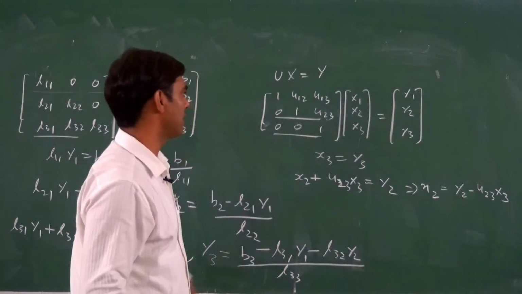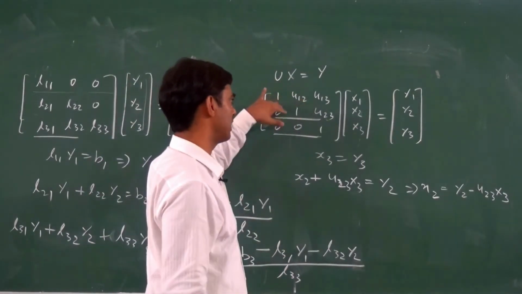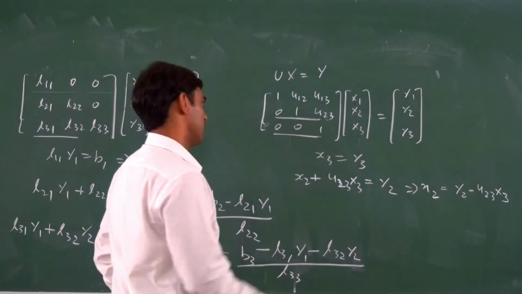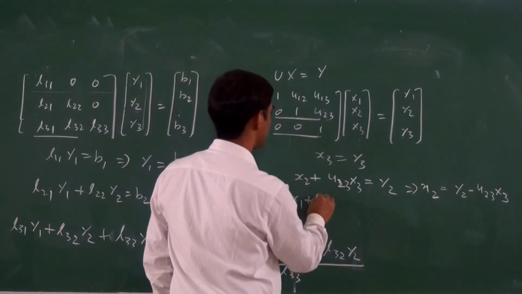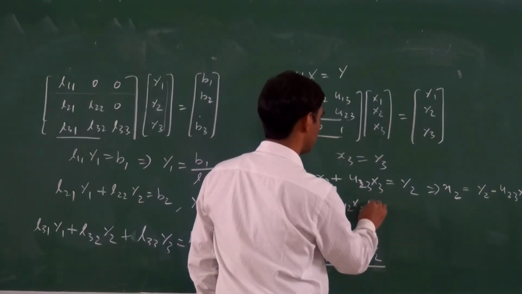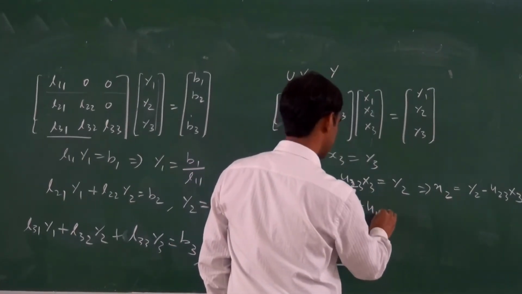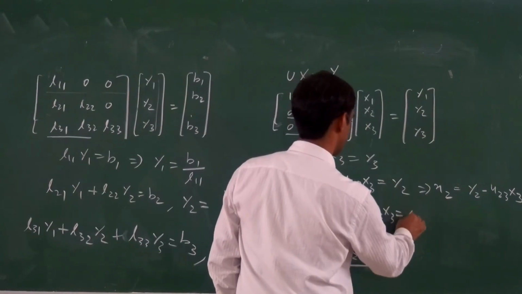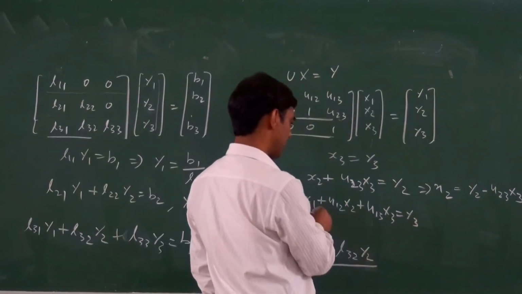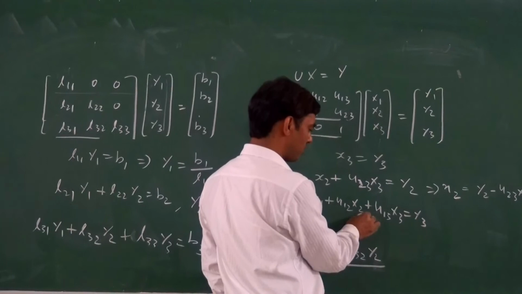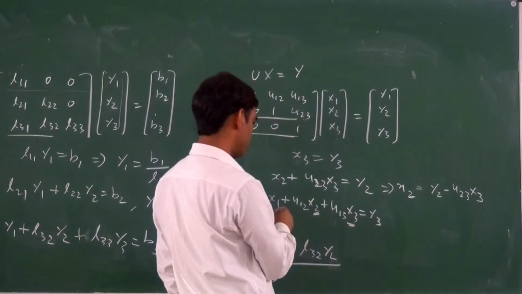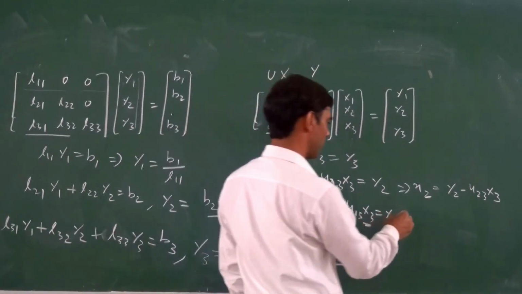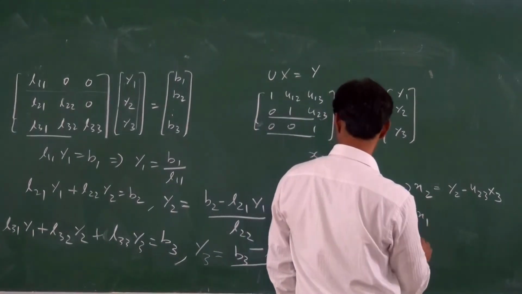Now in a similar manner, if we multiply the first row by this column vector, this becomes X1 plus U12 X2 plus U13 X3, and this equals Y3. We already have the values of X3 and X2, so by putting in the values of X2 and X3, we find the value of X1.